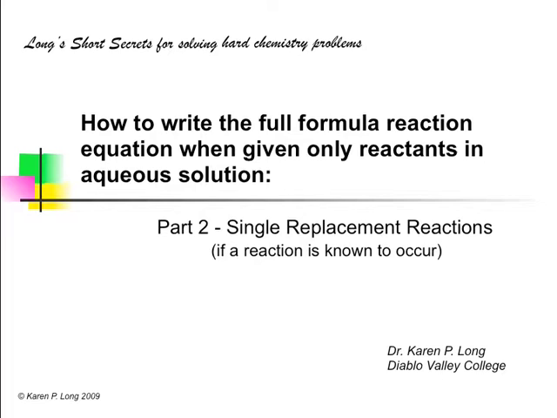For many double replacement reactions, you can determine whether or not a reaction will occur by seeing whether a net ionic equation can be written or whether all substances in the reaction cancel out. For single replacement reactions, on the other hand, we cannot use those criteria to determine whether a reaction occurs.